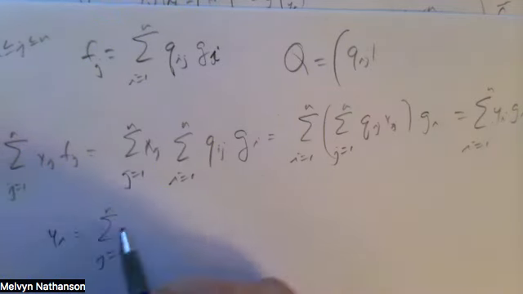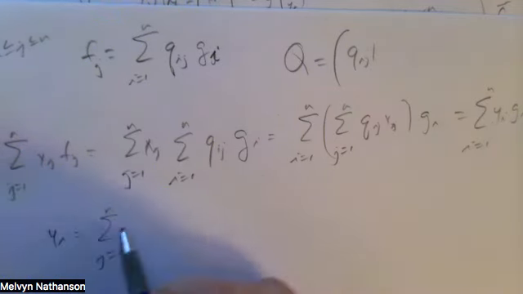And now I can observe something very nice. If I take the coordinates of V with respect to F, that's P times the coordinates of V with respect to G. But the coordinates of V with respect to G are the matrix Q times the coordinates of V with respect to F. So I take this matrix PQ times any vector, I get back the vector.